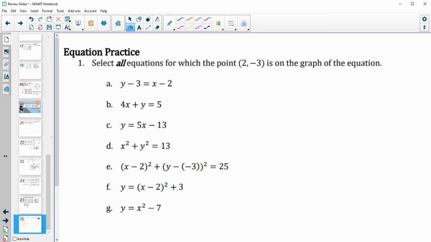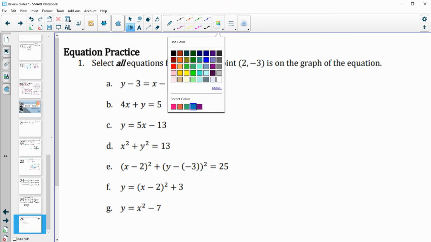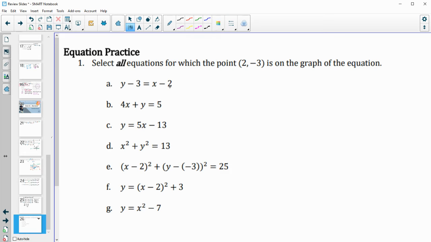All right, so in this last one, we're just going to do equation practice, or we're just going to practice with the equations and deciding if the point 2, negative 3 is on the graph of each of these. So this one's in point slope form. So you might notice that this is the ordered pair. Okay, so x minus 2. So the 2 is your x and 3 would be your y.